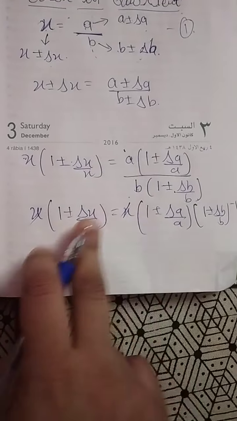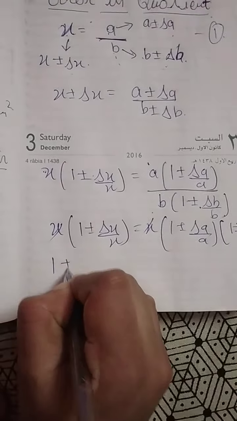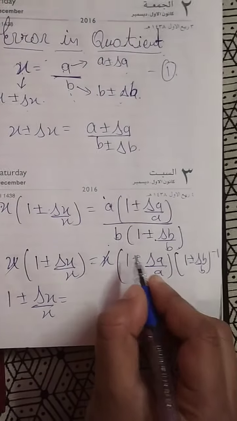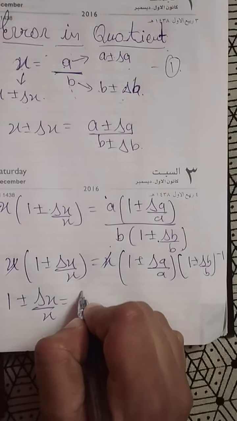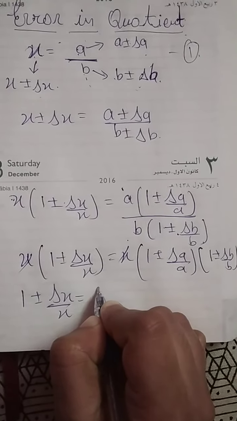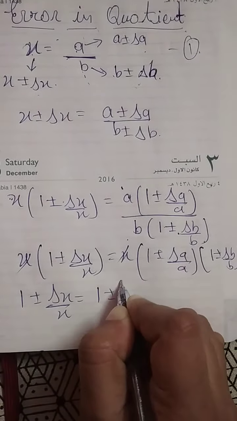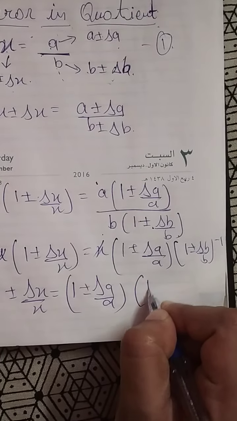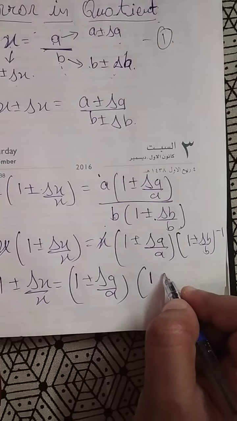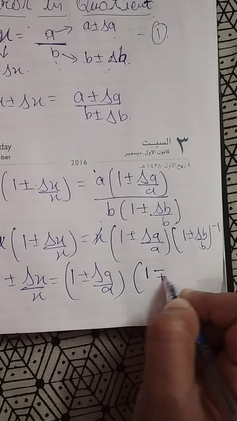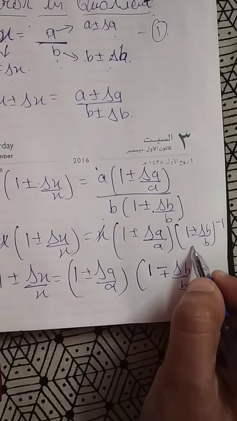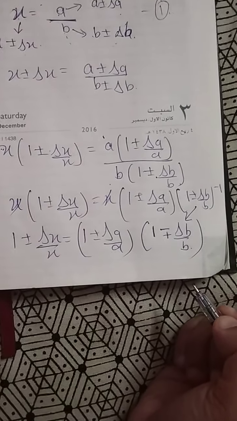Okay, so we are left with this, that is 1 plus minus delta x over x is equal to, if you do it with me, 1 plus minus delta a over a and 1 minus plus delta b over b. Why?